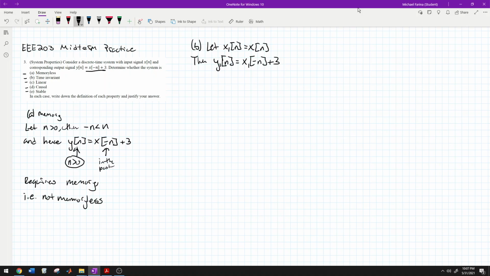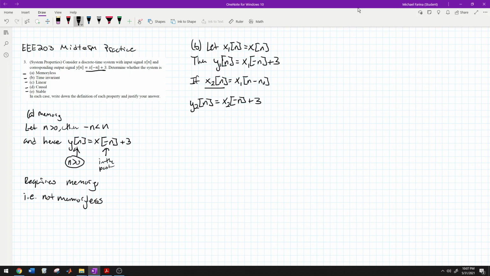And if we have a time shifted x2 of n, equal to some time shifted version of x1 of n, and we plug x2 into our formula, we get y2 of n equal to x2 of negative n plus 3.